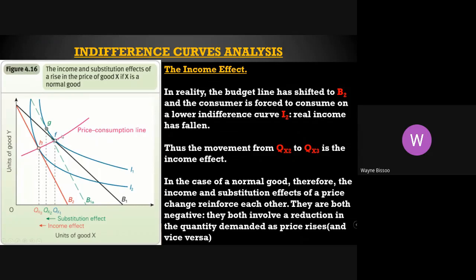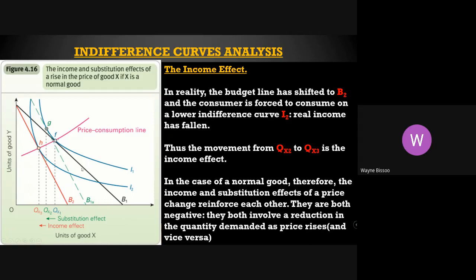All right, so that's what they were trying to show us here for the normal good. You have this green budget line being put in place here to hold back the effect of the income change, keeping us on the original indifference curve that we were at before, but representing the new ratio of prices that B2 is reflecting. That's why it's parallel to B2.